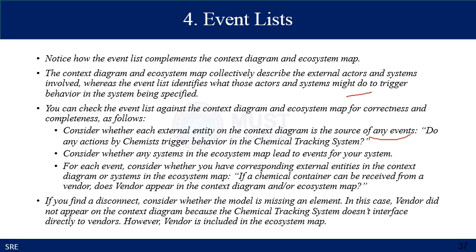For each event, consider whether you have corresponding external entities in the context diagram or systems in the ecosystem map. If a chemical container can be received from a vendor, does the vendor appear in the context diagram or ecosystem map? So if you find a disconnect, consider whether the model is missing an element. In this case, vendor did not appear in the context diagram because the chemical tracking system does not interface directly with the vendor. However, vendor is included in the ecosystem map.